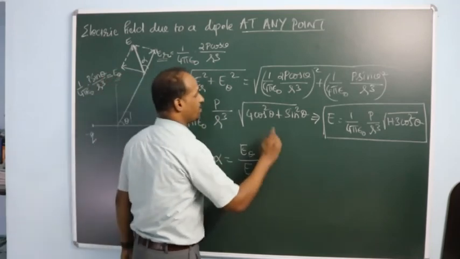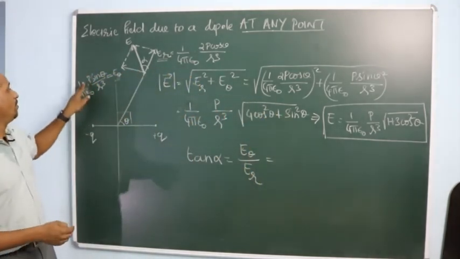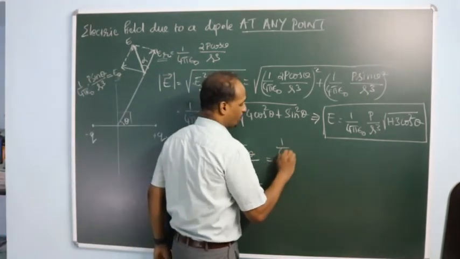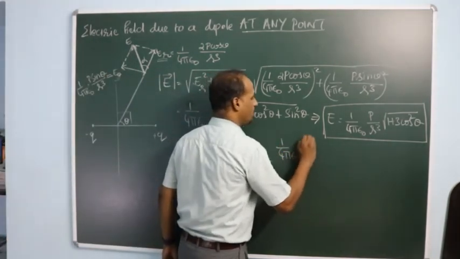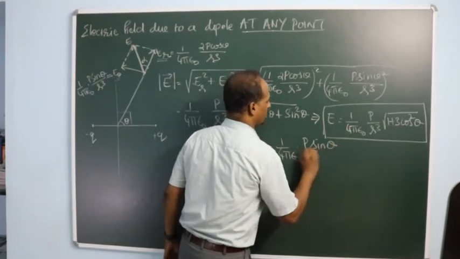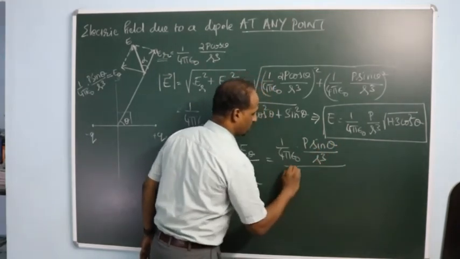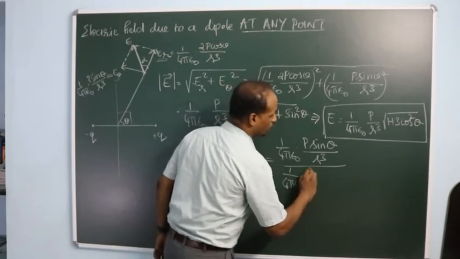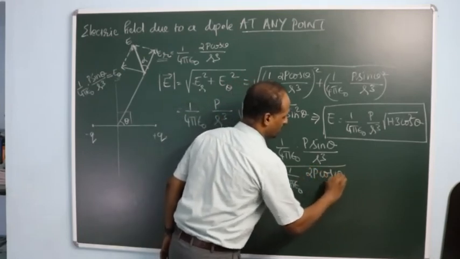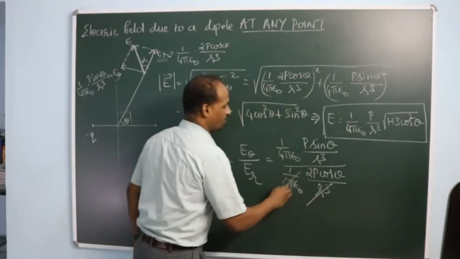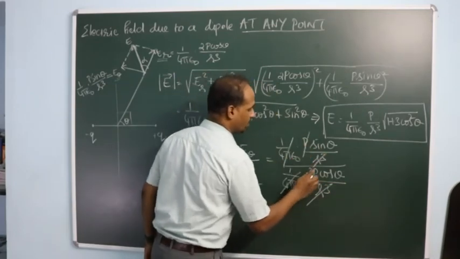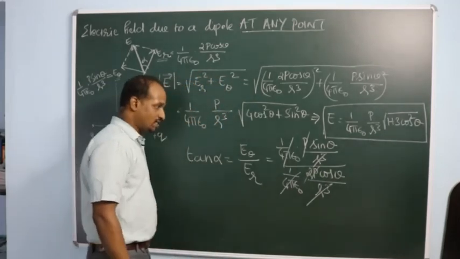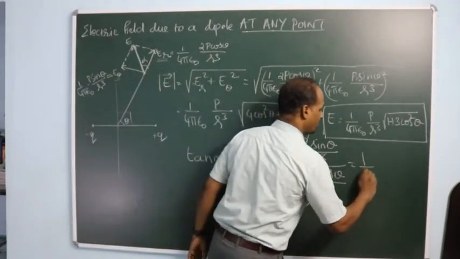E theta is what we have found, 1 by 4 pi epsilon naught P sin theta by r cube, and E r is 1 by 4 pi epsilon naught 2P cos theta by r cube. Everything cancels except sin theta by 2 cos theta, which is half tan theta.